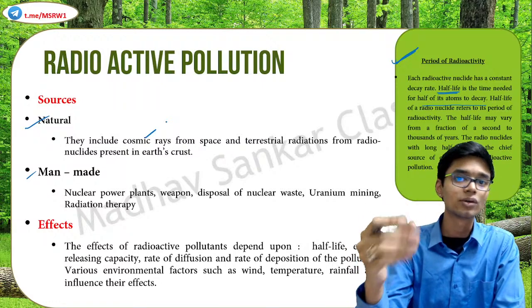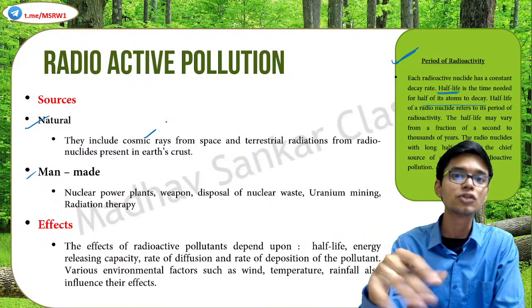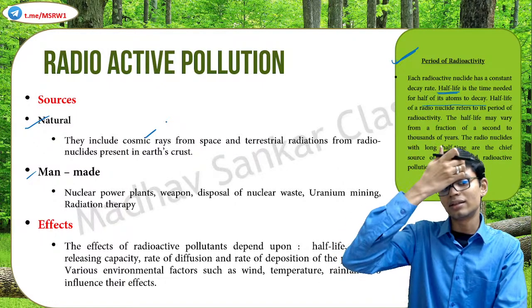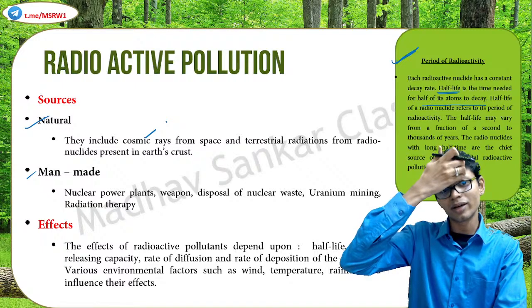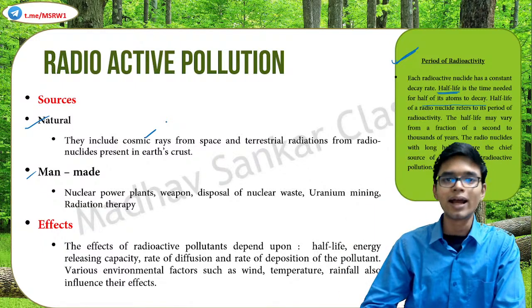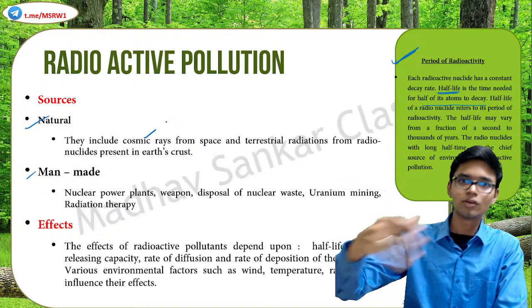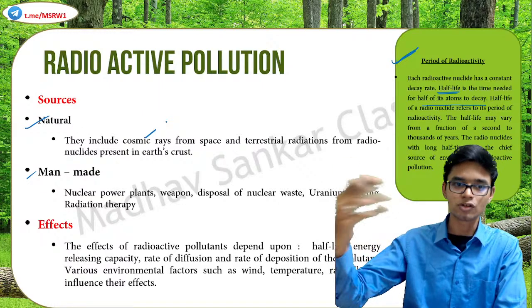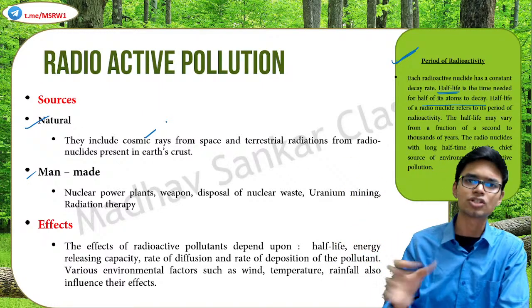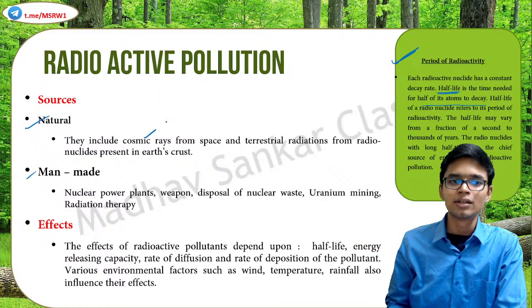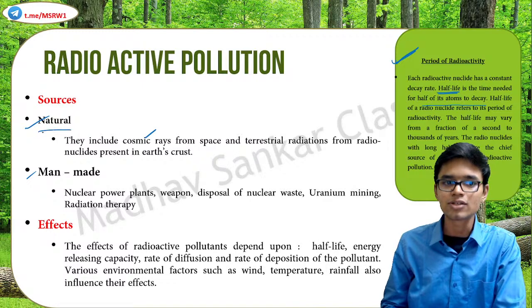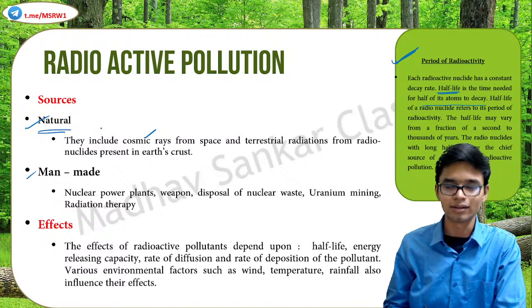One is nuclear fission, the other is nuclear fusion. Mostly nuclear fusion. That is why they have so much energy. Many kinds of rays are emitted, and these are all natural. It happens anyway, and they are the natural sources of radioactive pollution.